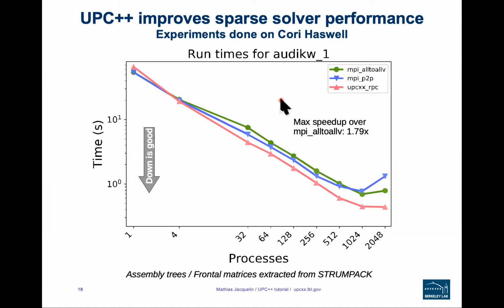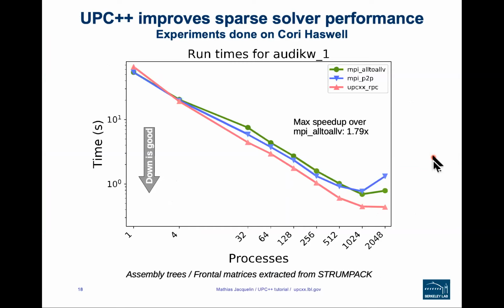So here's the performance of our UPC++ based implementation on Cori Haswell, for the Audi KW1 matrix, which is a matrix from the SuiteSparse matrix collection. On this plot, this is a logarithmic scale, and we're talking about runtimes, so we want the lowest runtime possible.